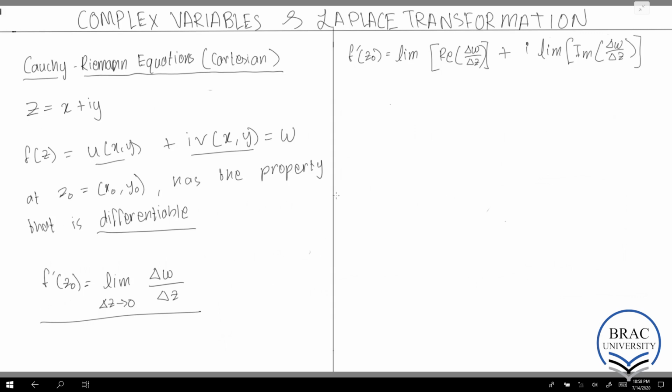As I said before, the limit operator will hit the real and imaginary parts separately.